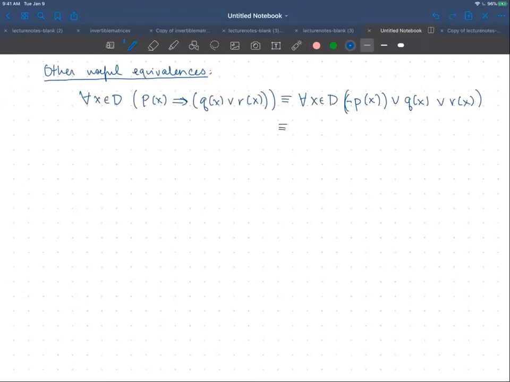And we can manipulate the first one. For all x in D we can apply the law of the double negative. We can not that guy. That's not, ooh, it's a lot of nots. Not p of x or q of x. I don't know where to end my parentheses. Maybe one more, or r of x.